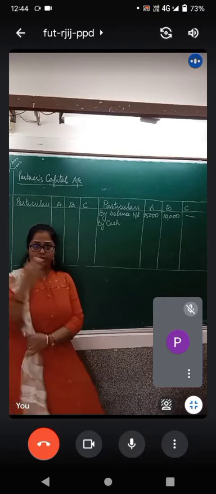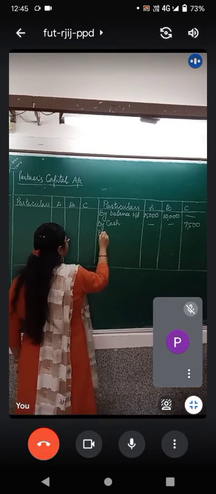Alright, the previous balance of capital account. Now what else has happened? C has brought his share of capital, $7,500. And C has also brought goodwill, but premium for goodwill. How much is the amount that he has brought here?